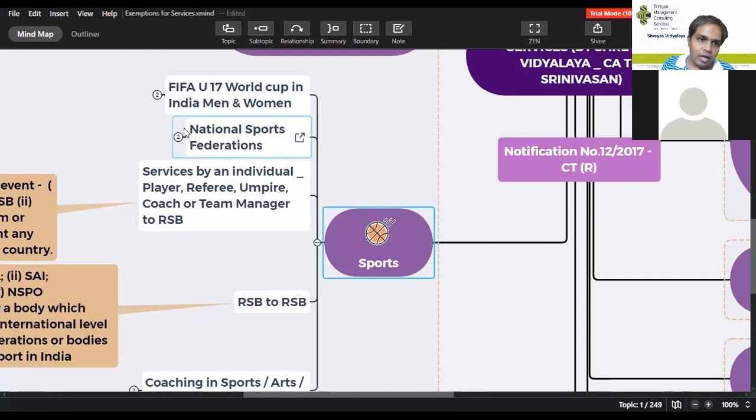Second is national sports federations, if they organize any events. As I told you, there are two categories: the person who is playing the sports and the person who is arranging the sports.